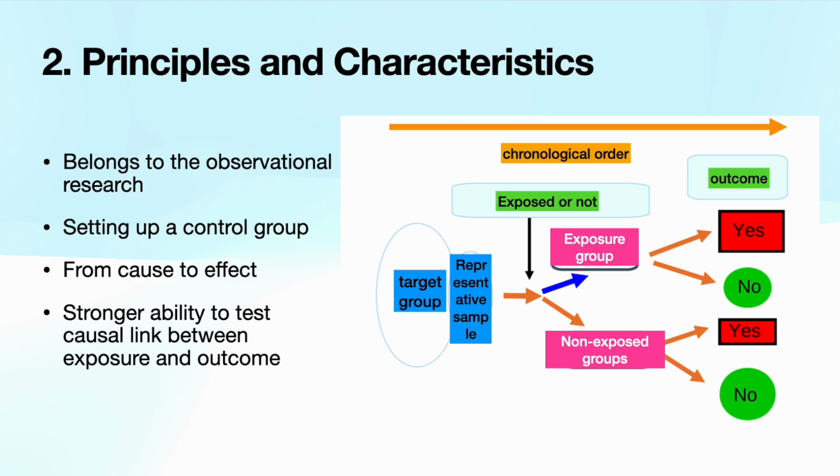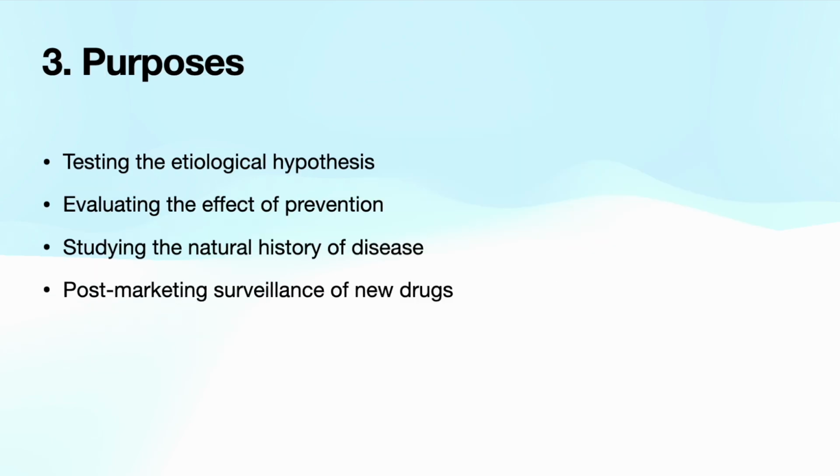It has a stronger ability to test the causal link between exposure and outcome. The purpose of the study is testing the etiological hypothesis, evaluating the effects of prevention, studying the natural history of disease, and post-marketing surveillance of new drugs.